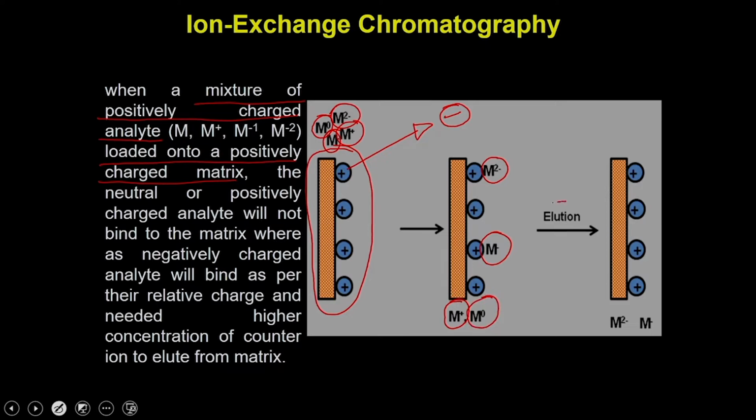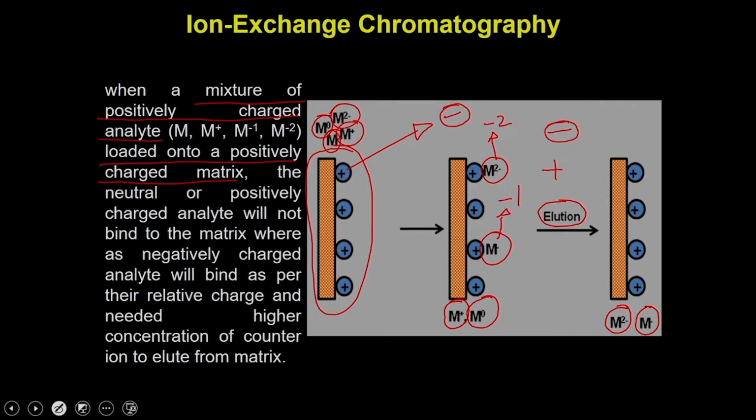Now, ultimately what you can do is flow negatively charged ions, and that is going to displace the M minus or M2 minus, and ultimately you are going to see the separation of the 4 different types of proteins. Two proteins are not going to bind to the matrix, whereas the other 2 proteins which bind to the matrix have differential affinity, because this particular protein has the minus 2 charge, whereas this one has the minus 1 charge.